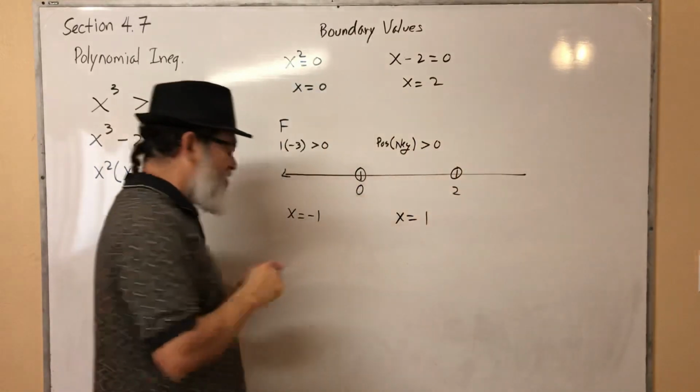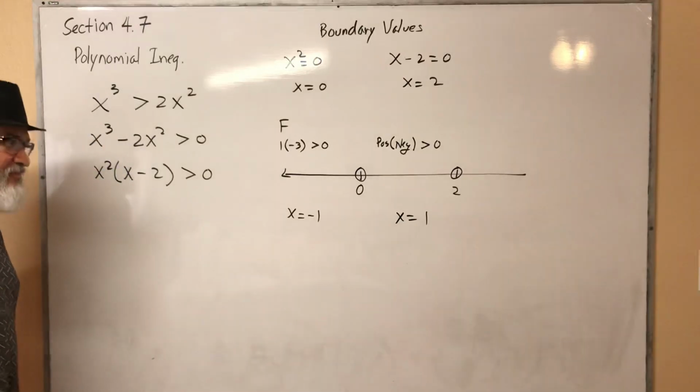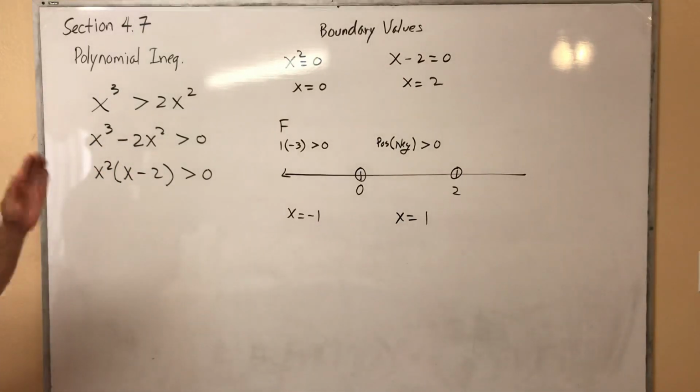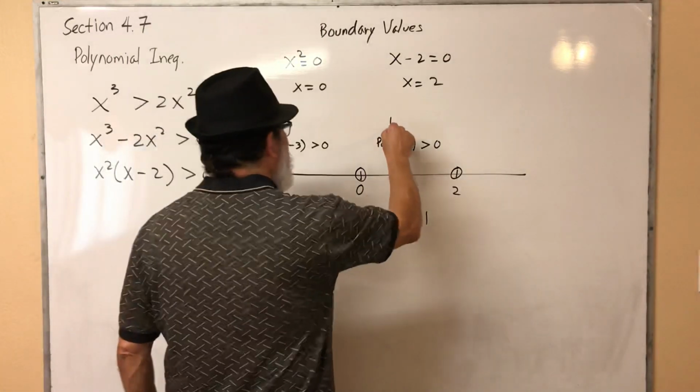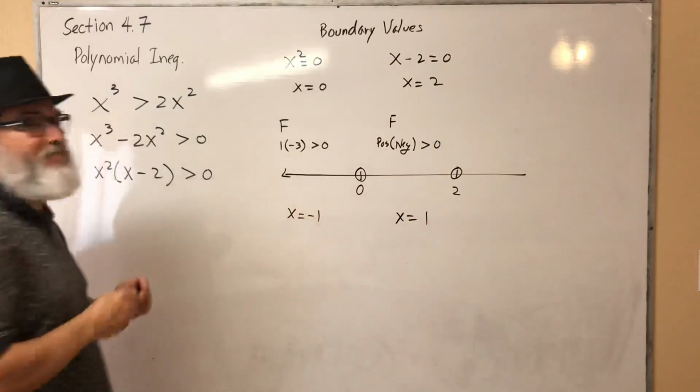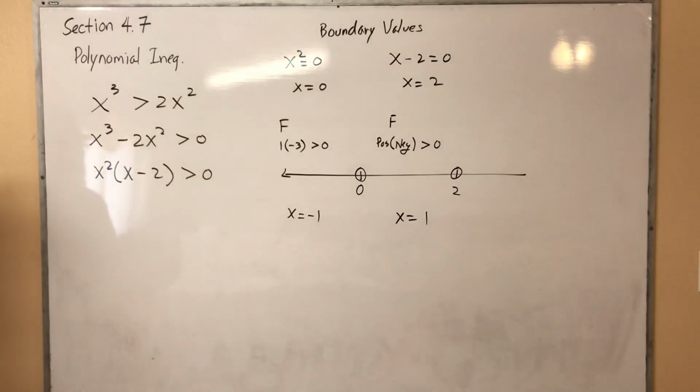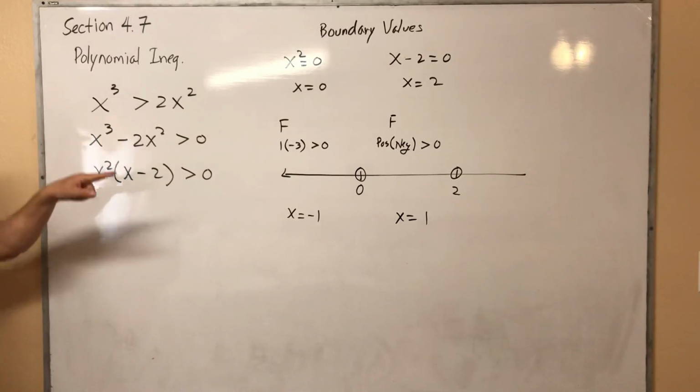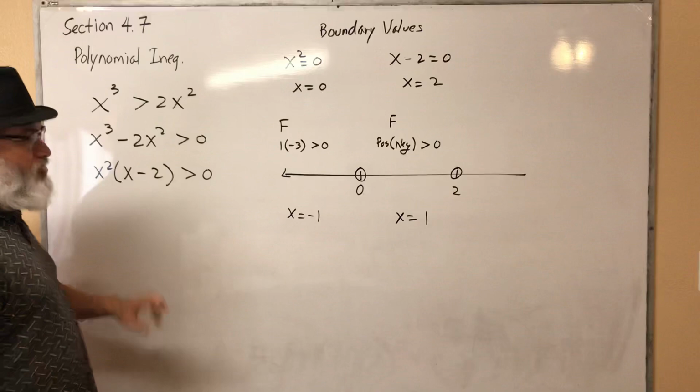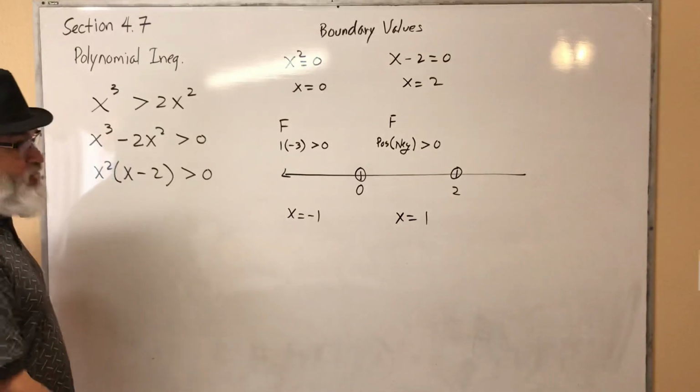True or false? False. A positive times a negative is not greater than 0. So that's false. Okay, 1 squared is 1, positive, and then 1 minus 2, negative. 1 minus 2 is negative 1.